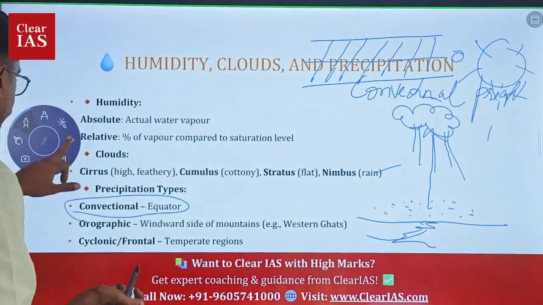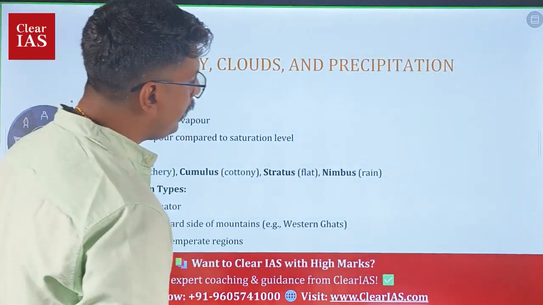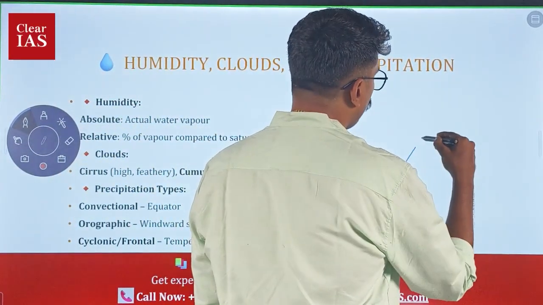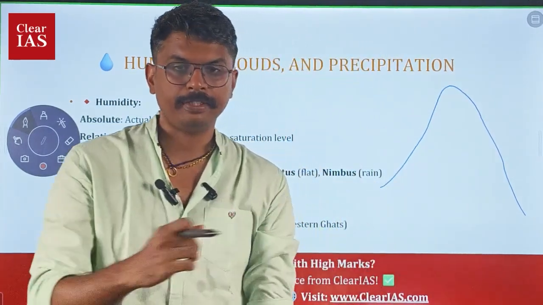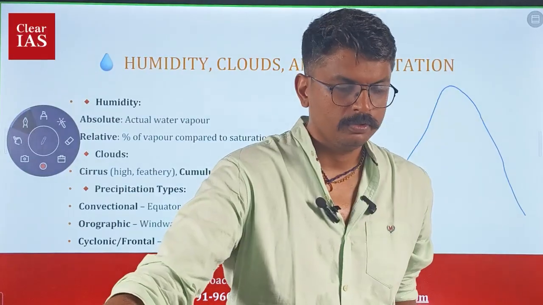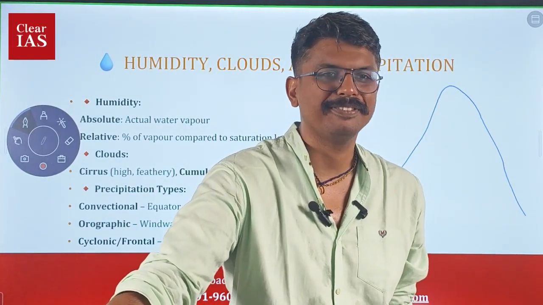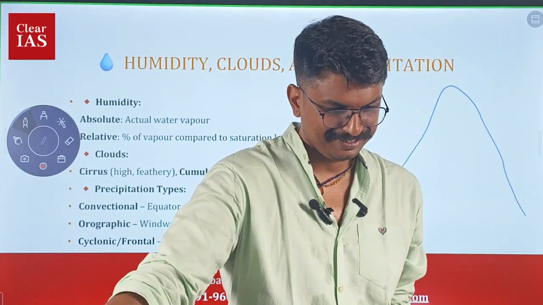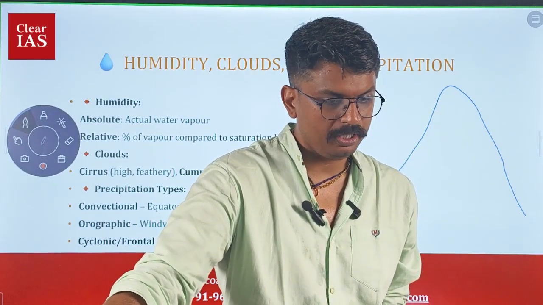Very good. The second type of rainfall is orographic rainfall. What can you make from this word orographic? Don't think of Oreo. It has nothing to do with orographic. What do you mean by orographic rainfall, my dear friends, online friends?